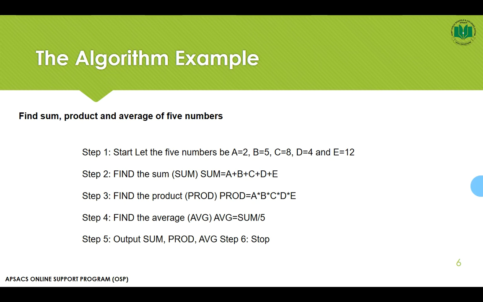Algorithm is written in a general way by general people. So writing an algorithm is very easy. We just have to find out what the problem is, and then write it in our own way in steps. So this is the example of an algorithm.